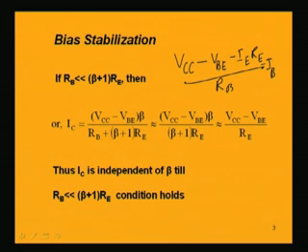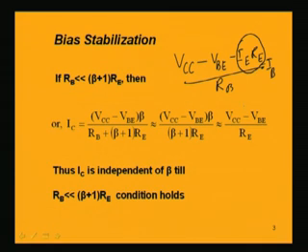If we have a rise of IC, correspondingly IE will rise, and so this drop IE RE will rise. As it has a negative sign, an increment of IE RE means the whole numerator quantity will decrease. As a result, we have a lesser IB.